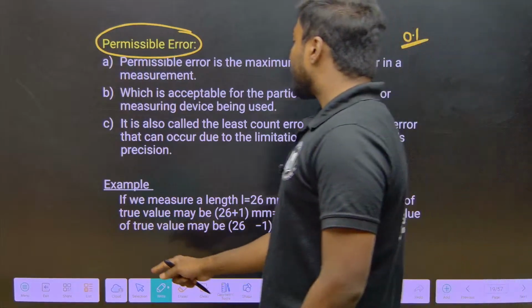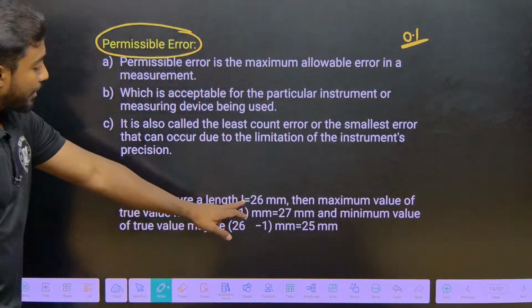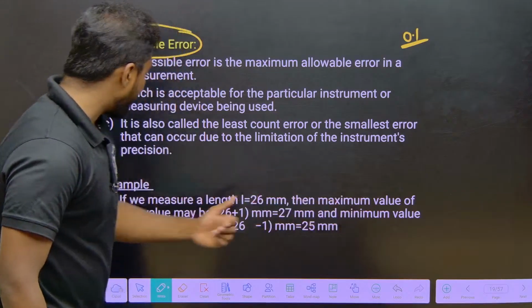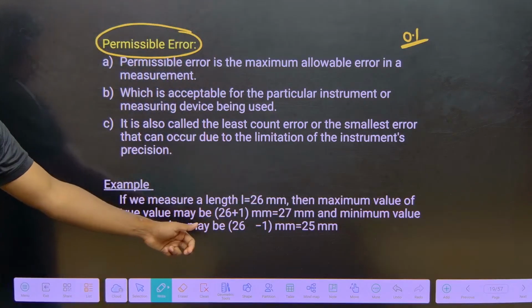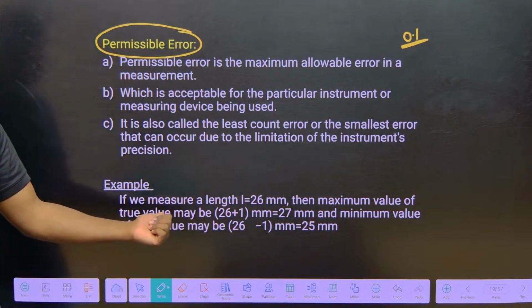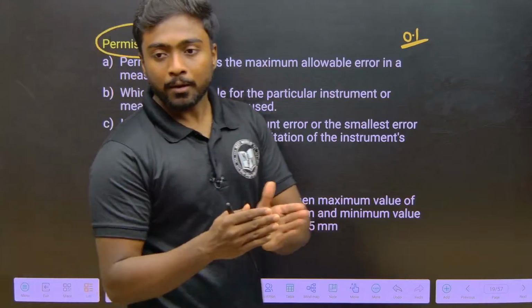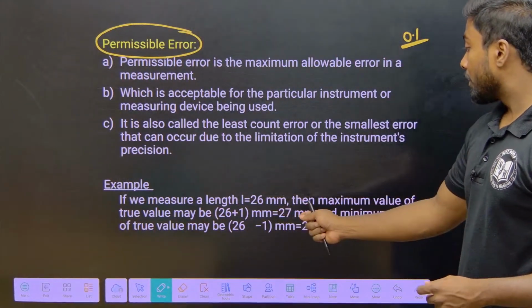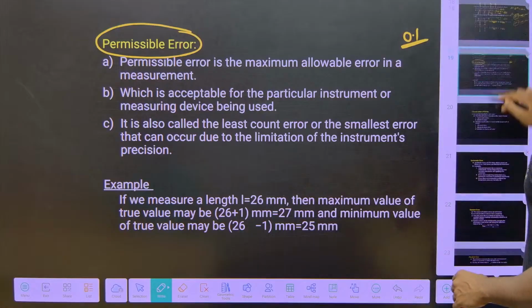Example, if we measure a length L equal to 26 millimeter, then the true value may be 26 plus 1 or 26 minus 1. Yes or no? It lies between 25 and 27. That's what we have seen in the table.